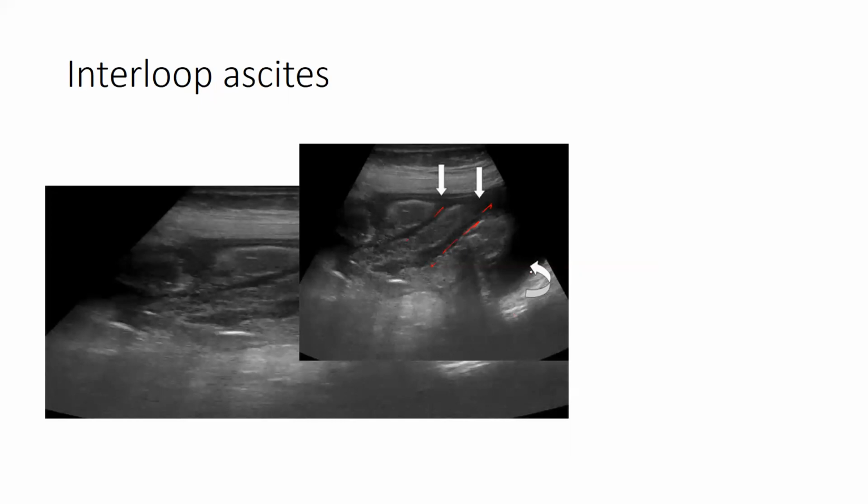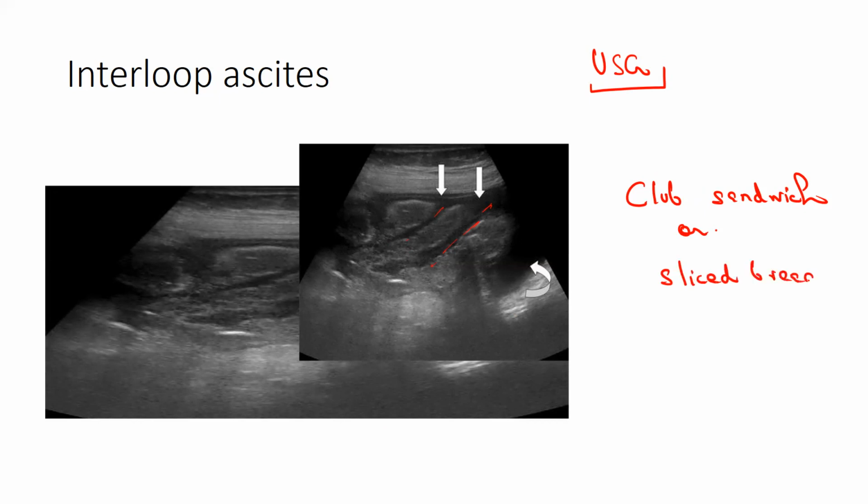This is also called the club sandwich or sliced bread sign. This is the characteristic sign you get when you do the ultrasonography of the abdomen.